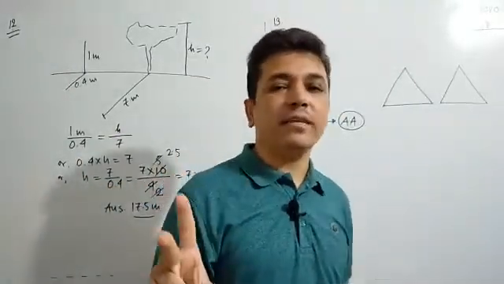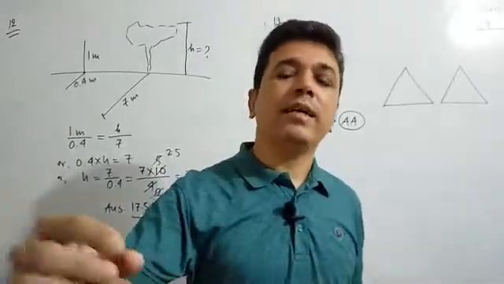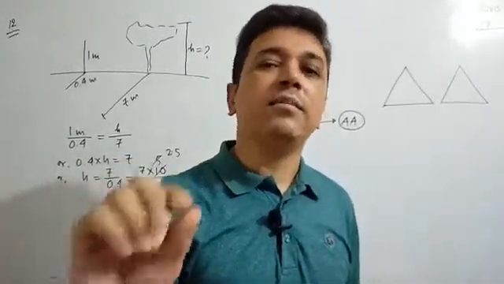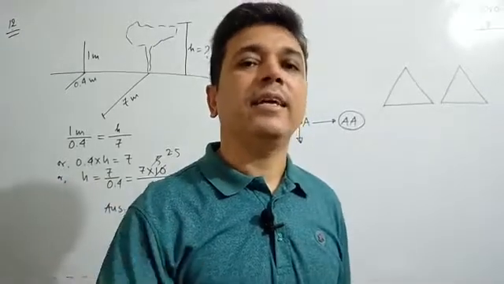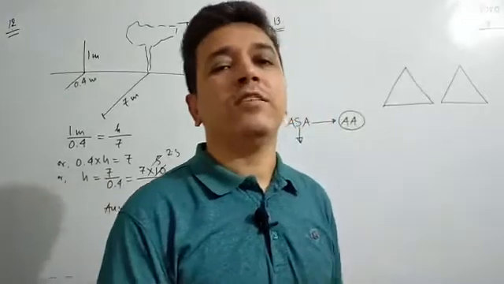If two triangles have the same corresponding angles, we can say they are similar. For sides, the ratio must be the same.